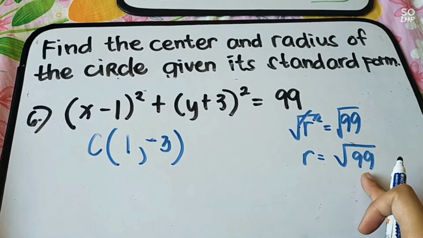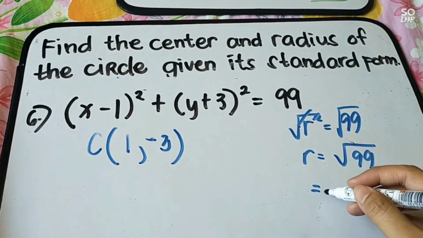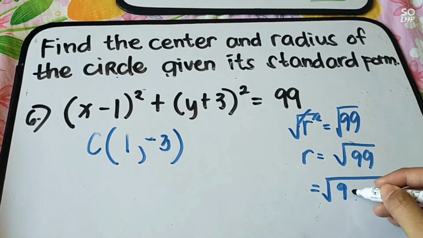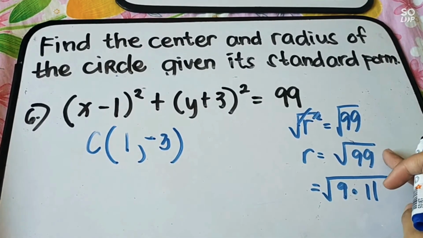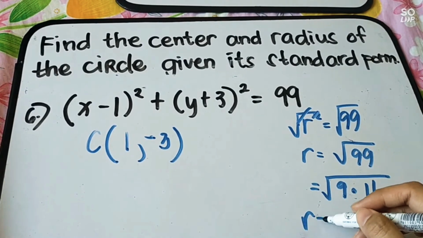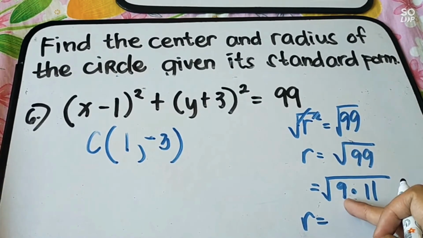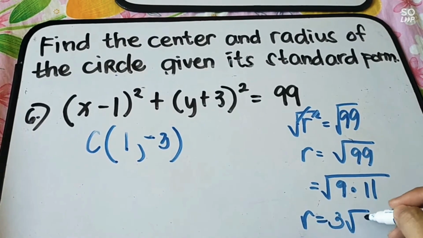Now, think again of the factors of 99 where one factor is a perfect square. So, we have 9 times 11. Right? 9 times 11 is 99. 9 is a perfect square. So, r is equal to, what's the square root of 9? The answer here is 3. The 3, take it outside. We have 3 square root of 11.